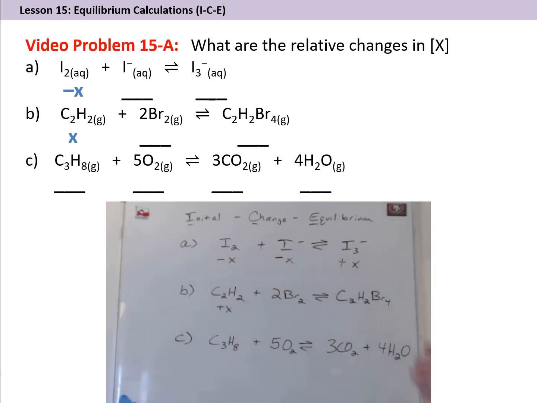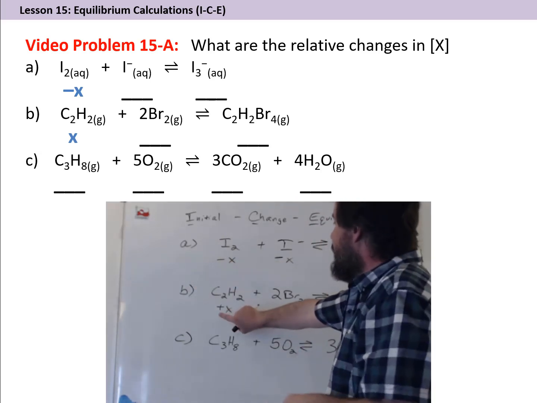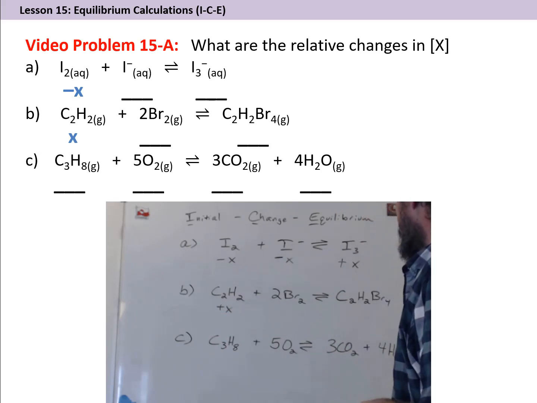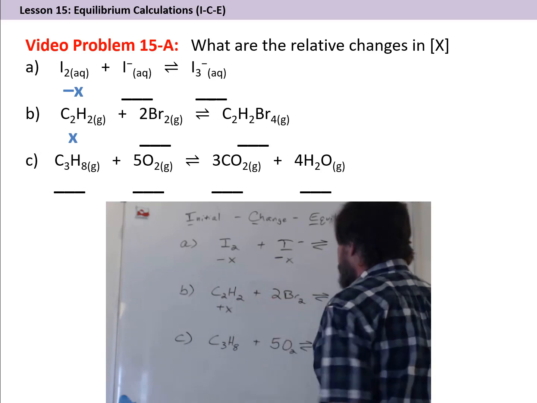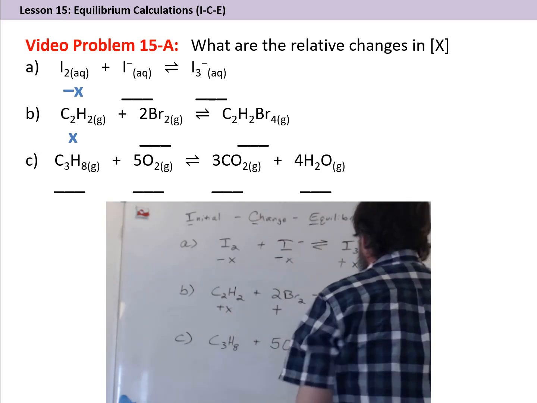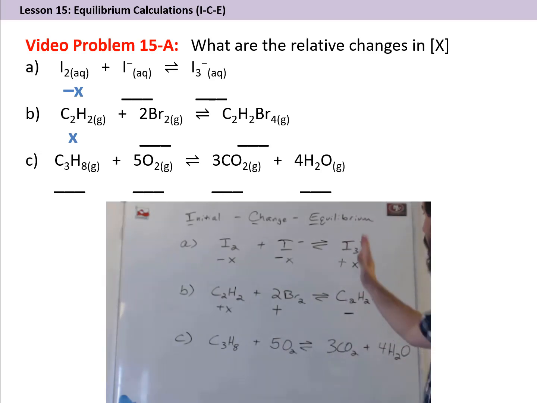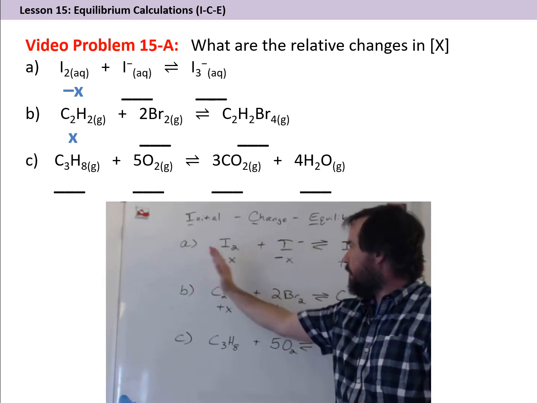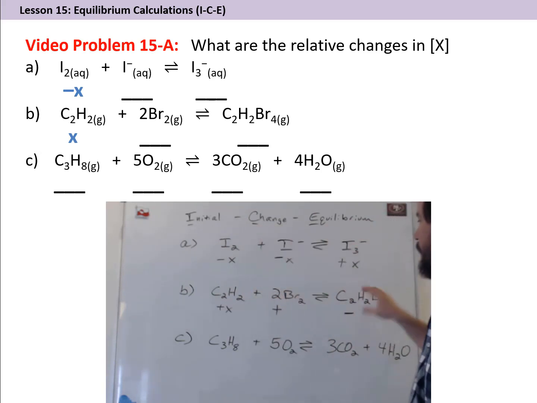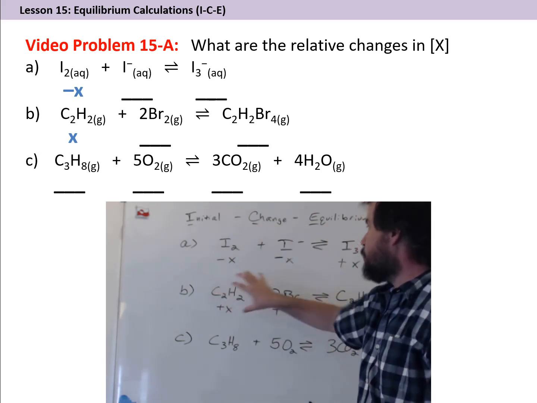All right, B, we're told that C2H2 goes up by plus X. Well, if my reactants are increasing, that means this must also increase, and that means this must decrease, right? One side must be positive, the other negative. Here it's negative and positive, here it's positive and negative, but all my reactants will be the same.